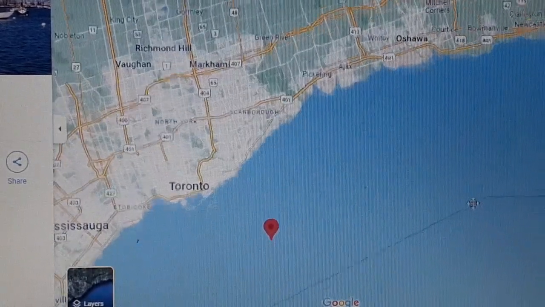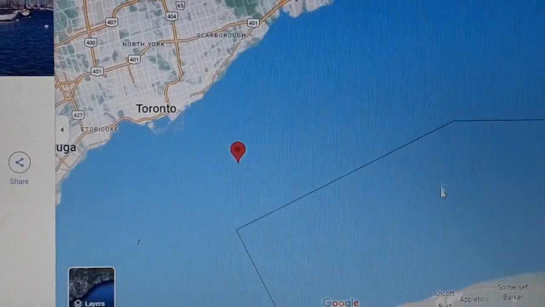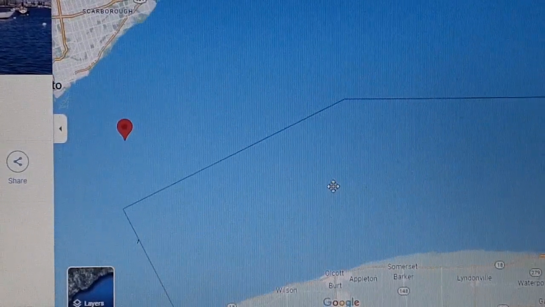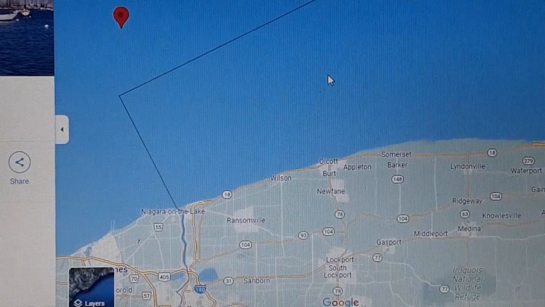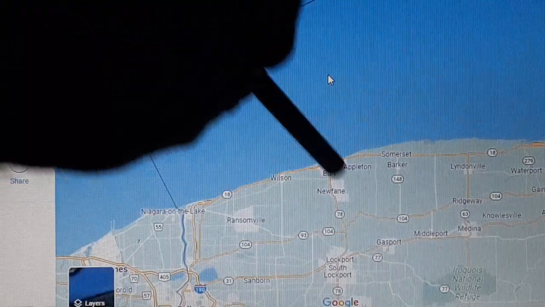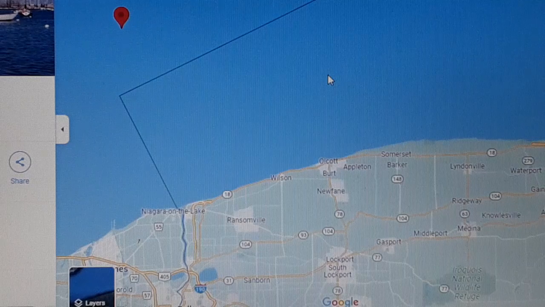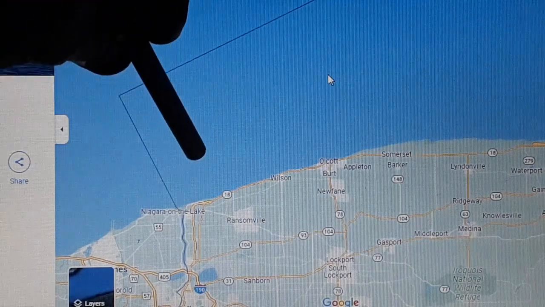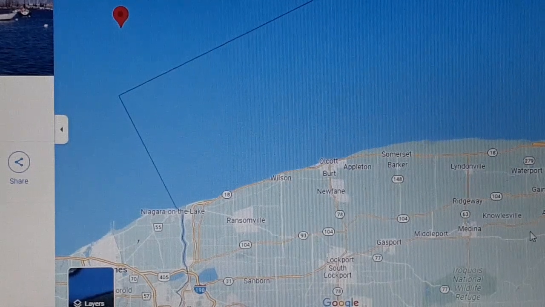Now, where is Wilson, New York? Since it came up in the conversation, it is almost directly south. In the United States, that's Wilson, New York, right there. And you'll notice that it is just to the east of where the Niagara River comes into Lake Ontario.